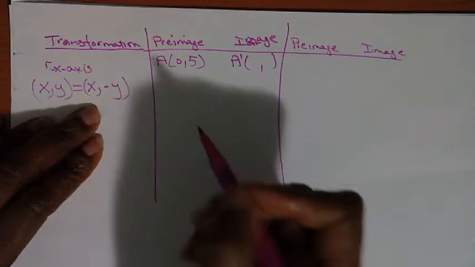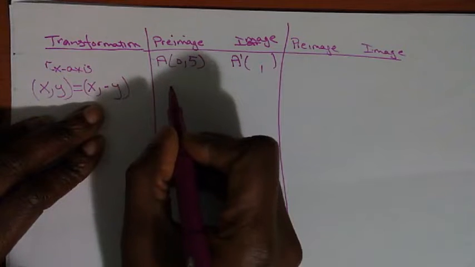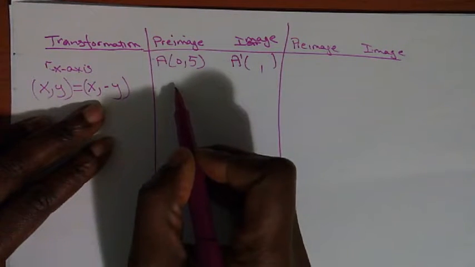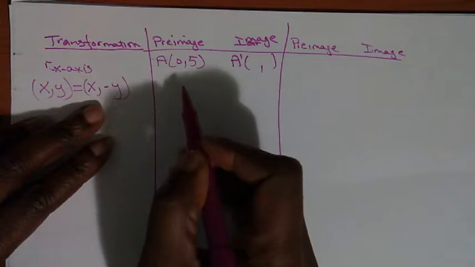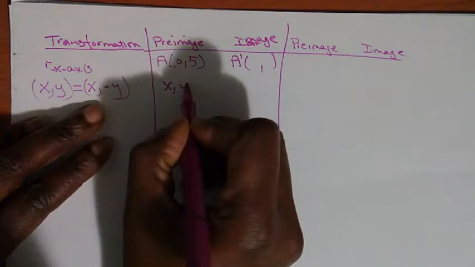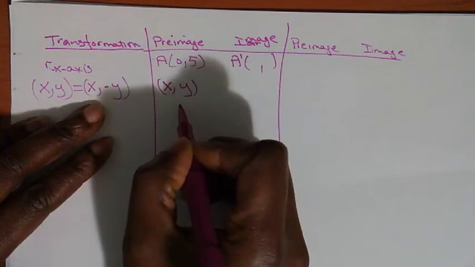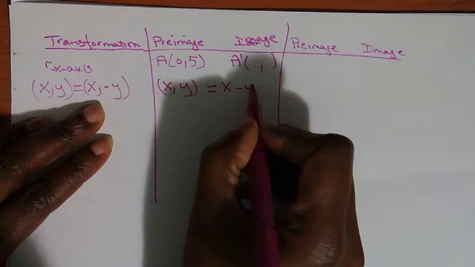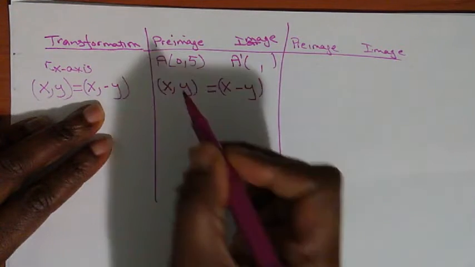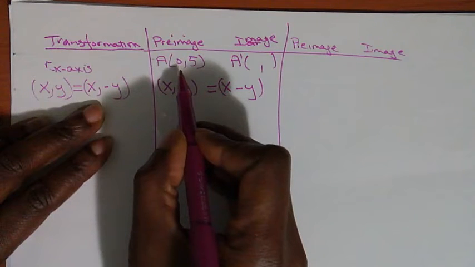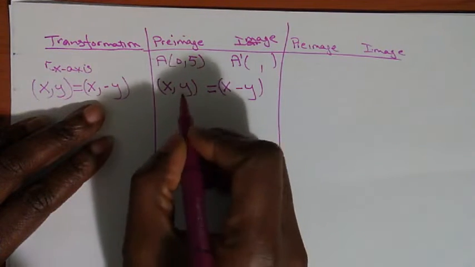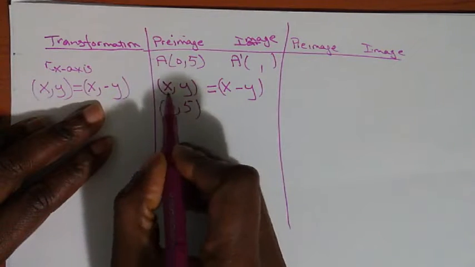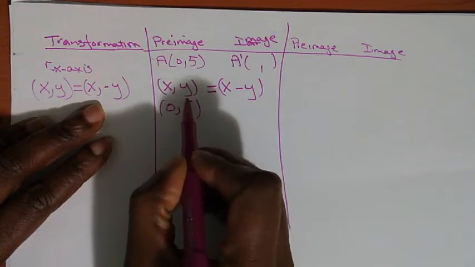I am going to rewrite the rule again over here for my purpose: (x, y) goes to (x, negative y). I know my pre-image is 0, 5. This is my x value and this is my y value.